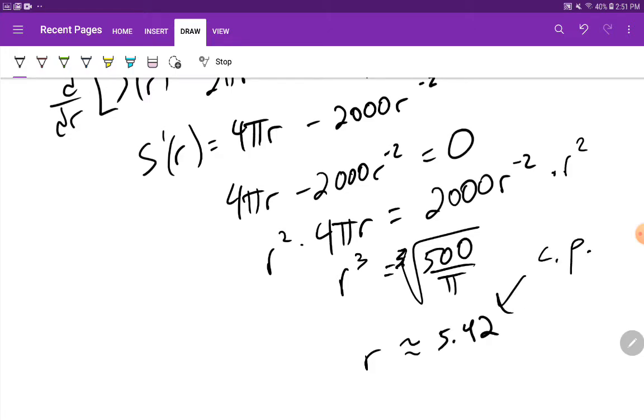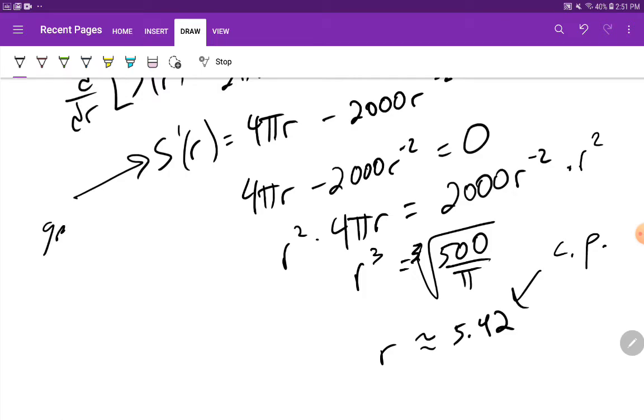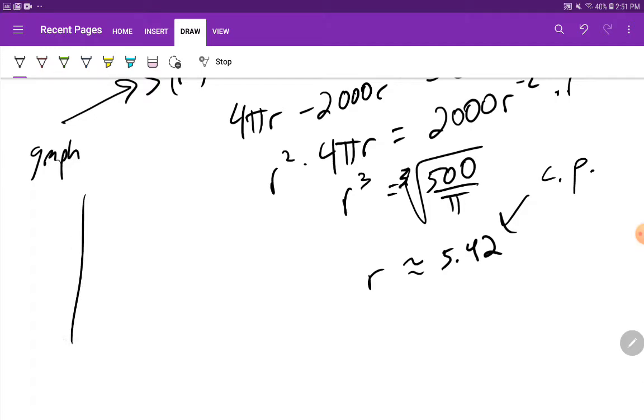We need to check that the function actually goes from negative to positive at 5.42 on my derivative function, right? So if you graph this in Desmos or in your graphing calculator, you're actually going to get a graph that kind of looks like this, and this is the 5.42 number, and you see that the values on the derivative actually go from negative to positive.